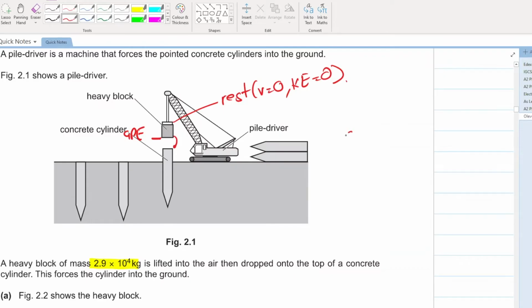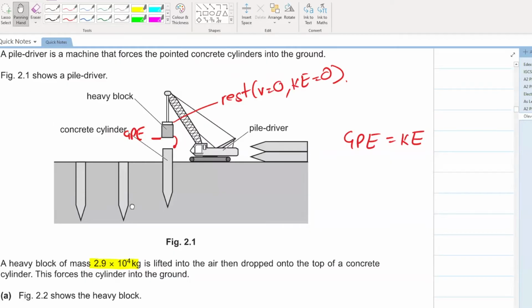However, as you move downward, what will happen? Gravitational potential energy will get converted into kinetic energy. So what are we going to do here?